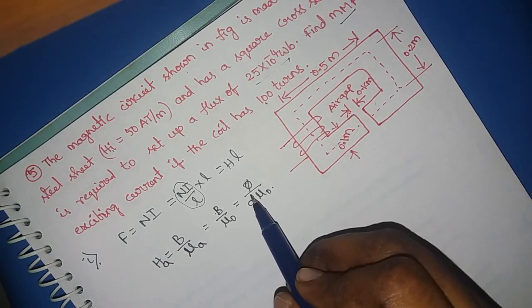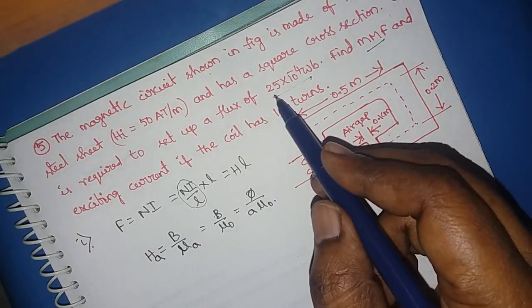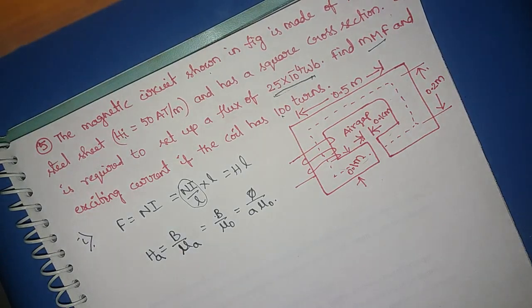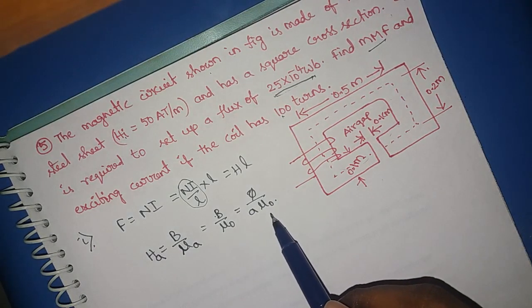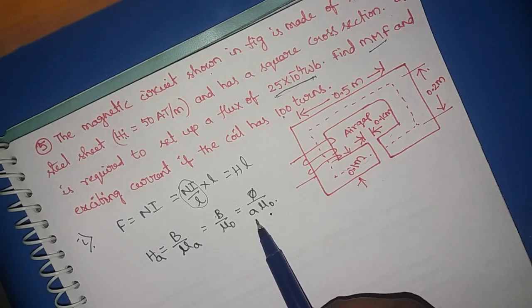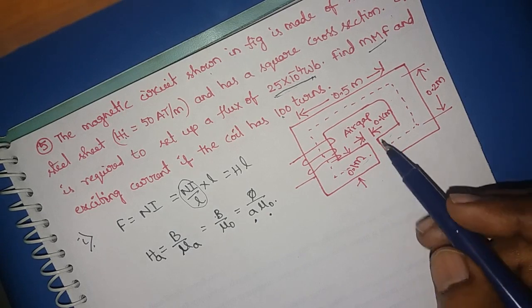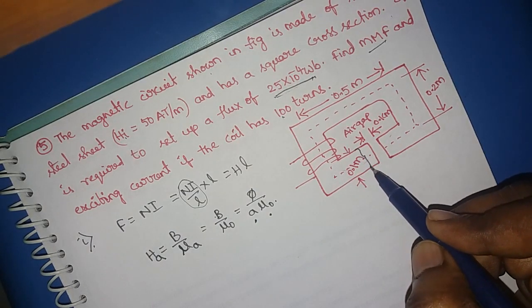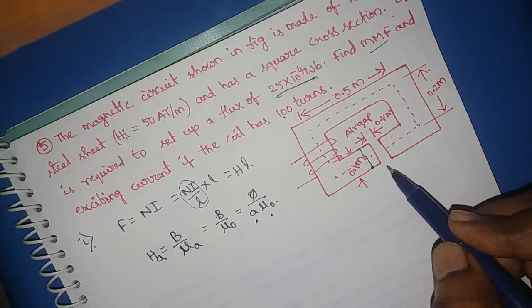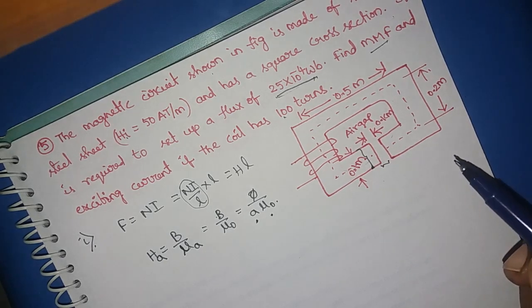Here we have the value of phi. Phi is equal to 25 into 10 power minus 4 Webers, and mu naught is 4 pi into 10 power minus 7 Henry per meter. And then what is A? A is the area of cross section. How do you find the area of cross section? This width is 0.1, and this is also 0.1.